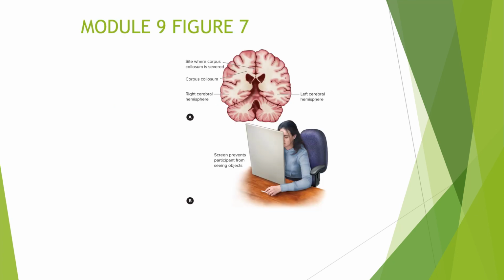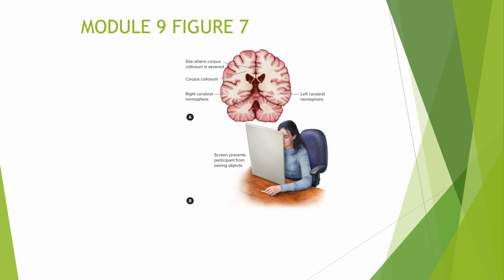In this picture, this is the last slide in this module. This is figure 7, and this can be found on page 83 in your textbook. It shows the hemispheres of the brain. If you see in letter A, the site where the corpus callosum is severed, that is right here, and the right cerebral hemisphere is now separate from the left cerebral hemisphere.